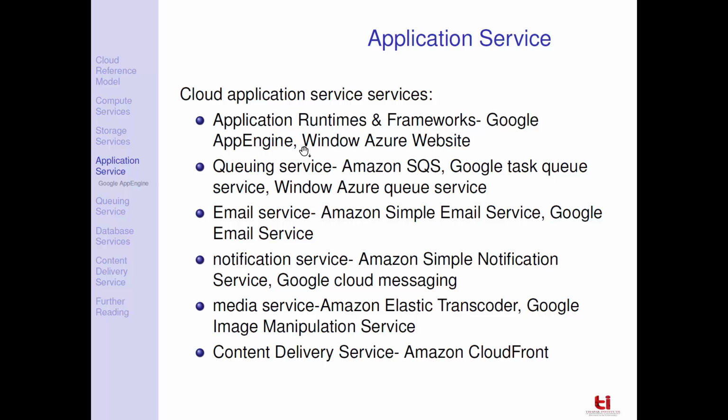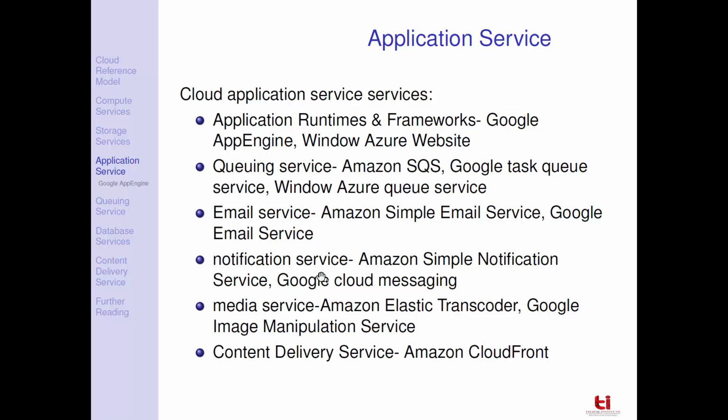The examples are Google AppEngine, Windows Azure website, then queuing service: Amazon Simple Queue service, Google Task Queue service, Windows Azure Queue service are examples of such service. Then we have email service: Amazon Simple Email service and Google Email service are examples of email service.